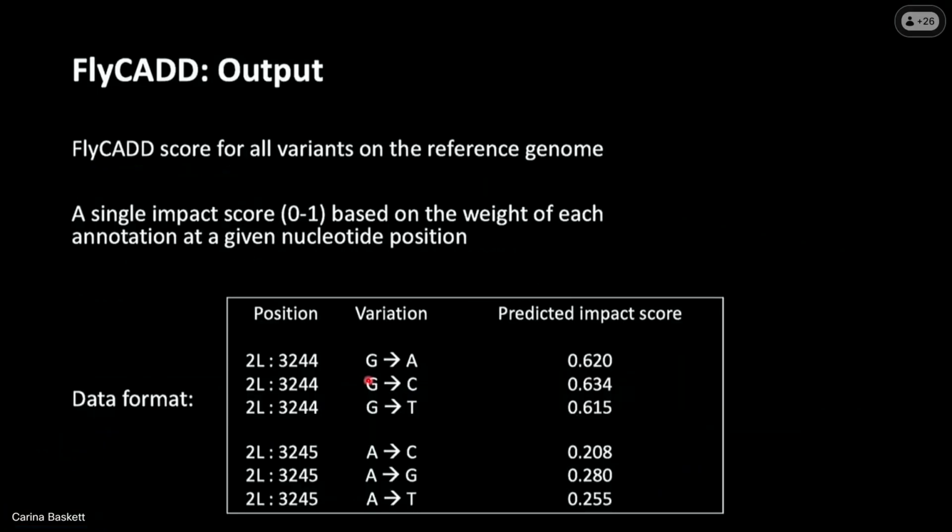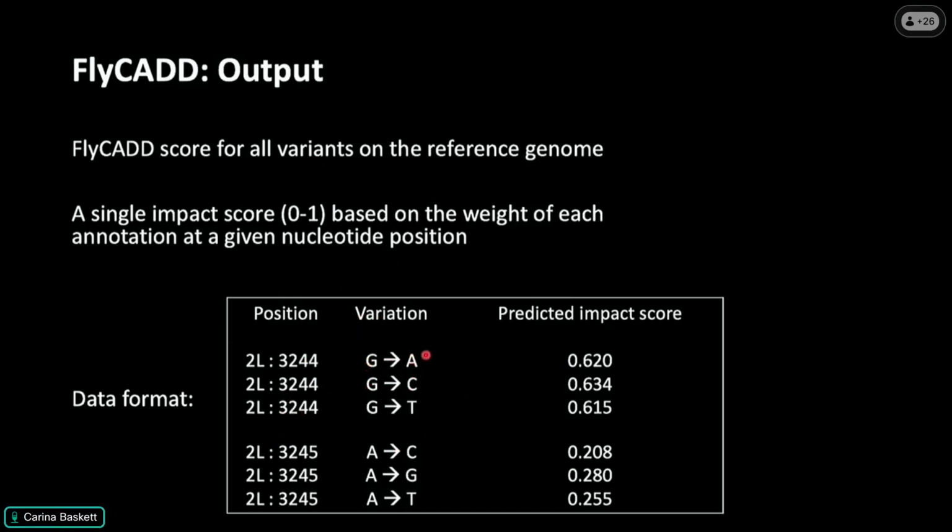So we have now this list that has a FlyCat score for each variant, and it is basically a score that is scaled between 0 and 1, with 1 having the highest predicted phenotypic impact. And it looks something like this. So we have the reference sequence, and then for each position in the genome, you will have 3 different CAT scores.